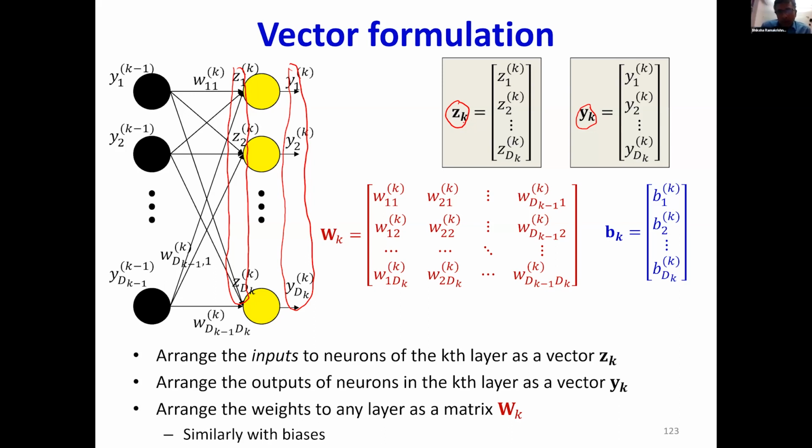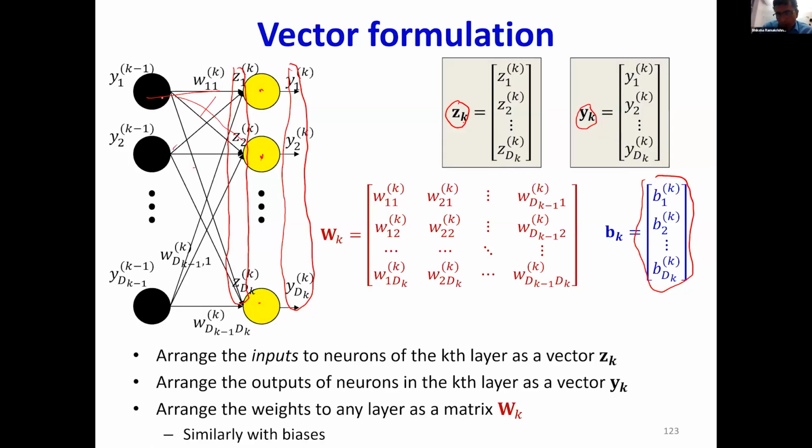And then we can write the bias. Remember, each of these neurons has a bias, right? So all of their biases can now also be written in a vector of bias terms. Now, there are weights connecting these guys, the bias in the previous layer to the bias in the next layer, right? How would we write the weights?